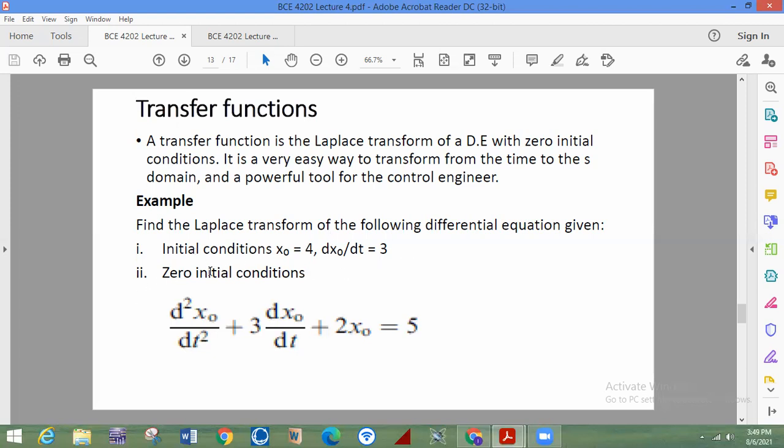Then, assuming part 2, assuming zero initial conditions. So this is our differential equation.